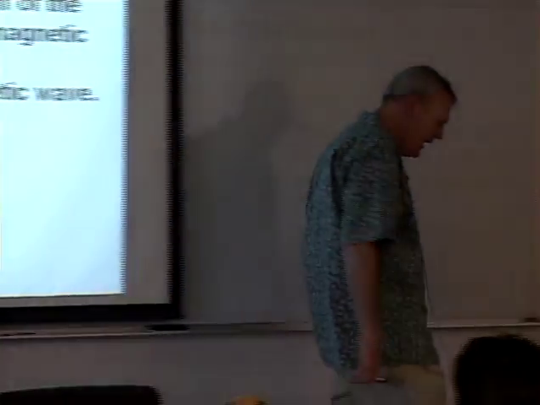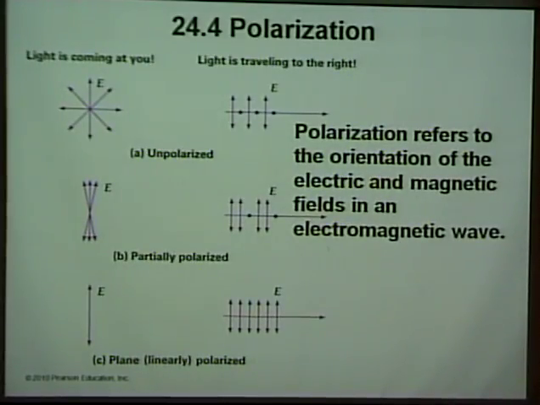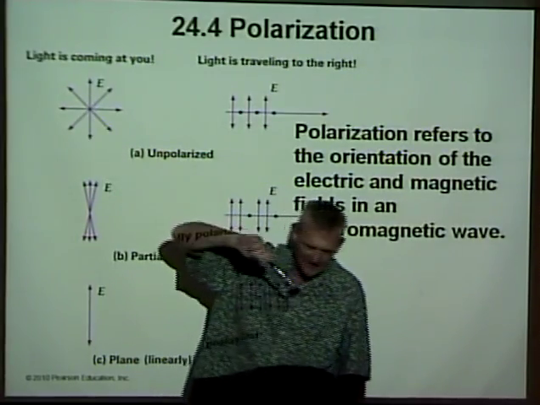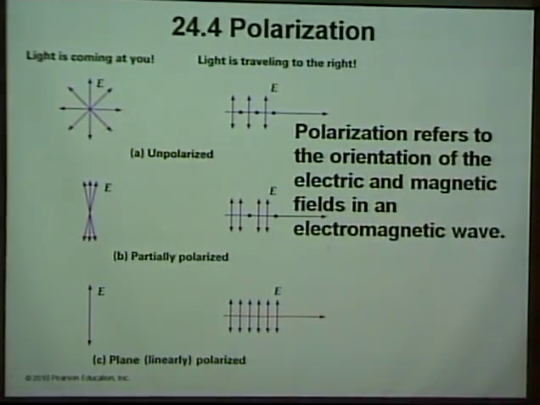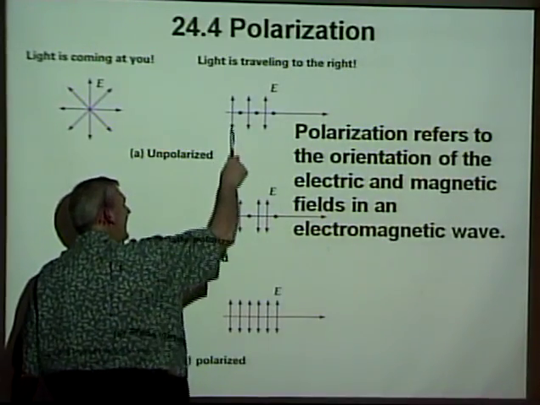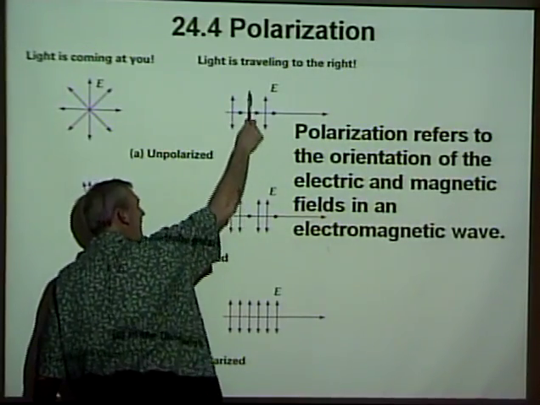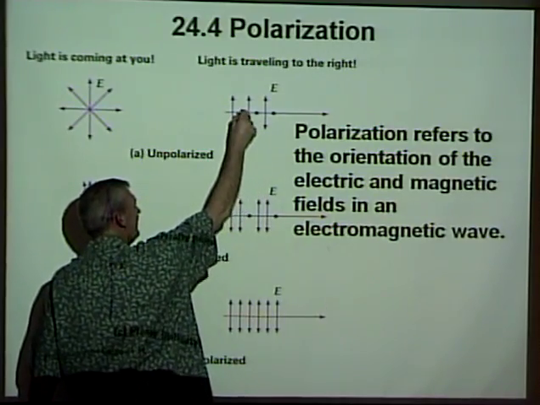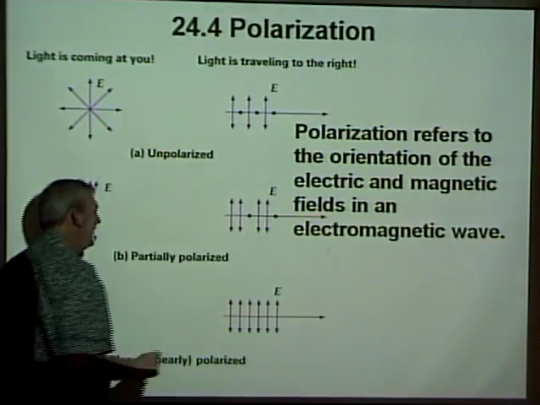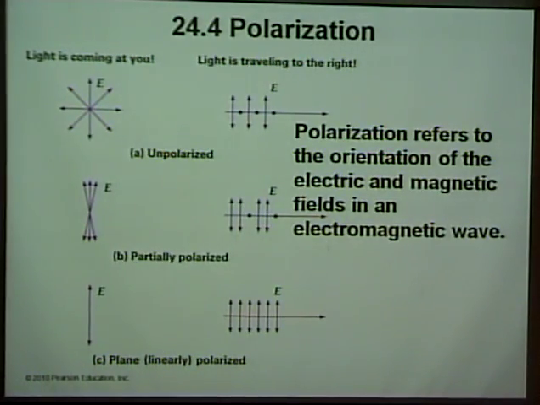If I've got unpolarized light coming at you, remember, you've got that electric field going in all different directions. A lot of it's going up and down like this, and then this is the part that's going in and out. So that's when it's unpolarized.